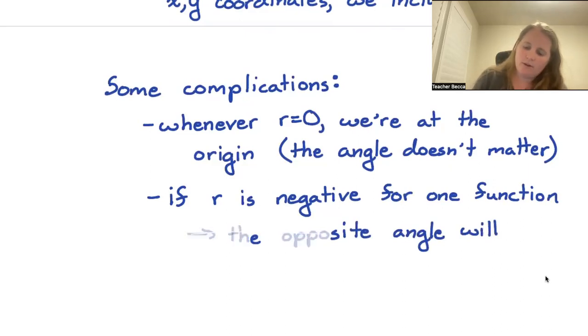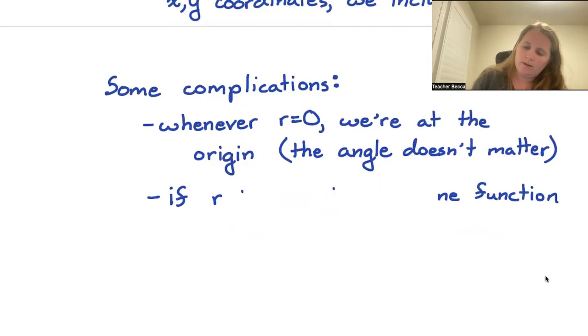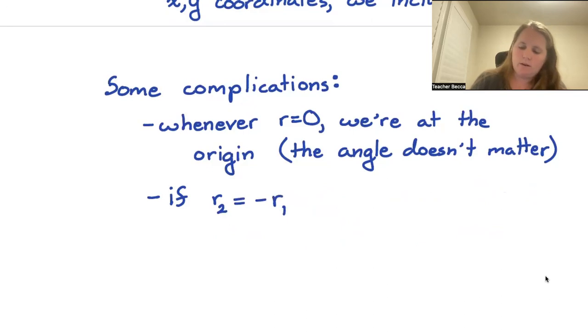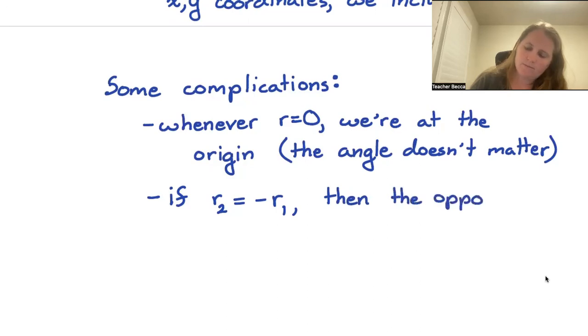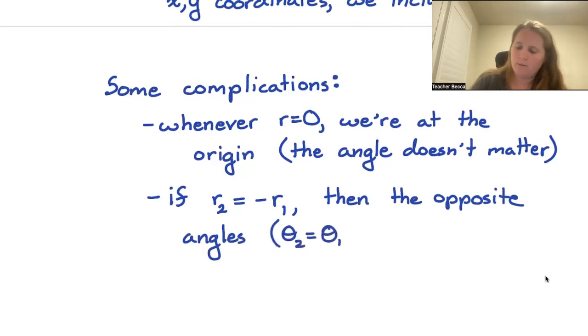So I guess I should say, not if r is negative, I should say if r1 is negative r2, or r2 is negative r1, then the opposite angles, so essentially theta 2 equals theta 1 plus pi, or theta 1 minus pi, will land us on the same xy coordinate.